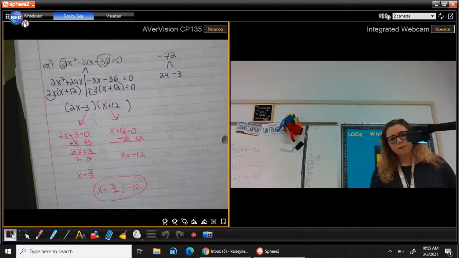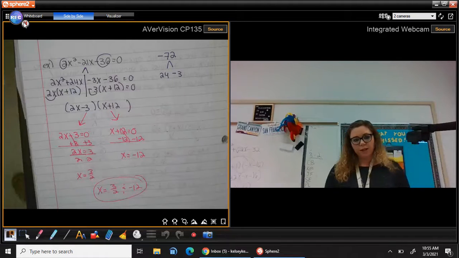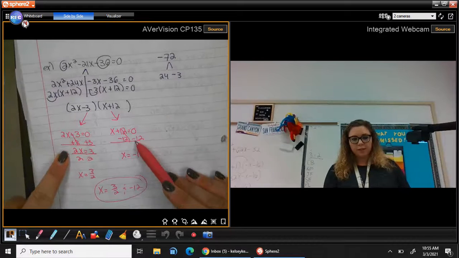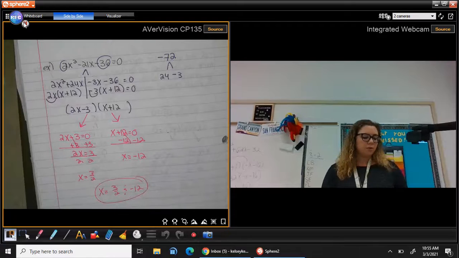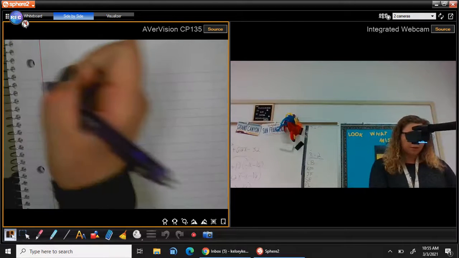So again, you're just factoring it normally like we learned last week. Then you're taking your two factor forms, splitting it up, setting it equal to 0, solve for x, and you will get your solutions. So I want you to try doing these two.